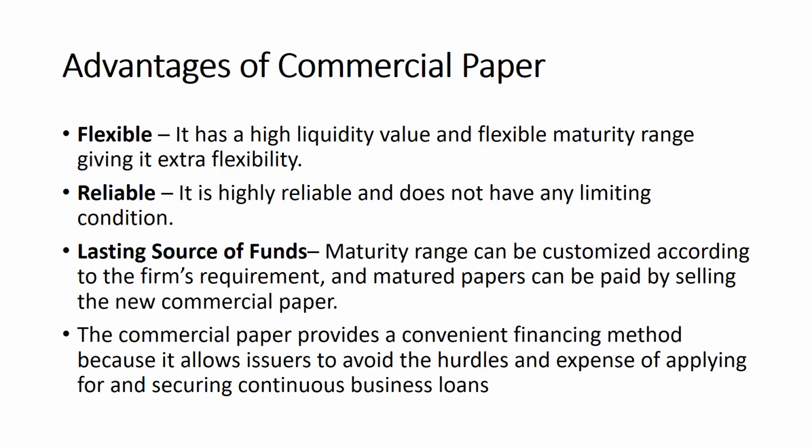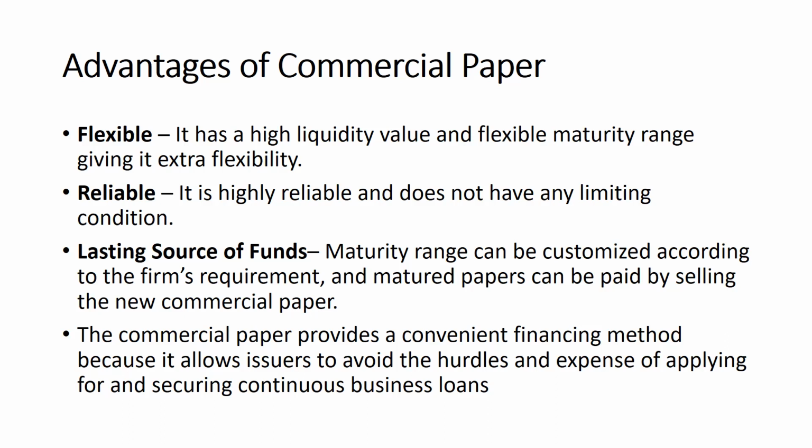What are the advantages of buying or selling commercial paper, from the investor side and the issuer side? It is flexible. It has high liquidity and a flexible maturity range, giving it extra flexibility. You can sell this commercial paper in the secondary market anytime. Maturity is flexible, and so is the liquidity.